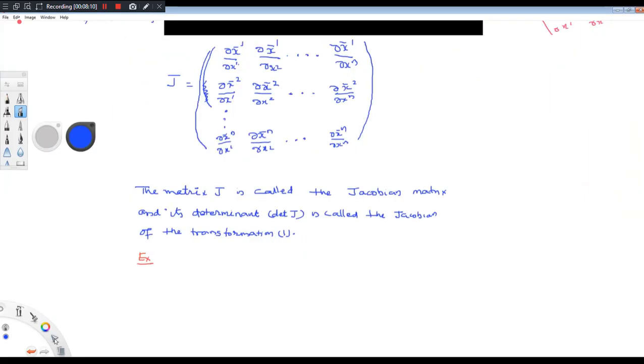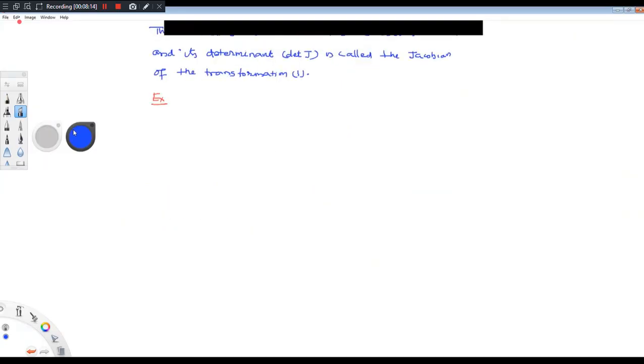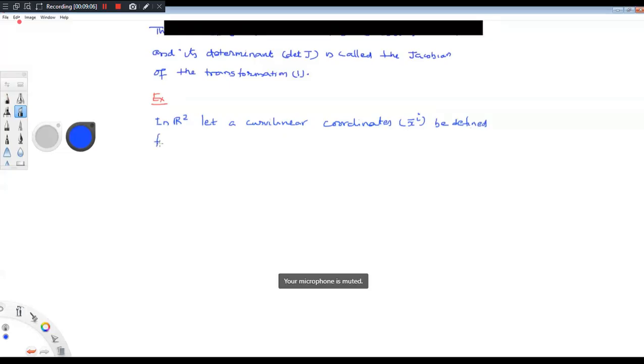In R2, two dimensions, let curvilinear coordinates x bar i be defined from coordinates x i.